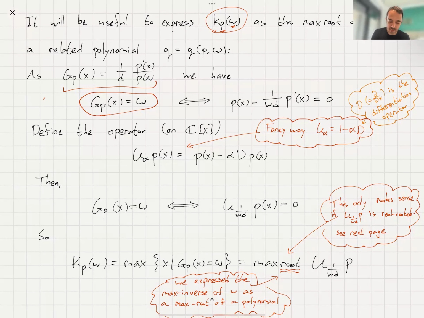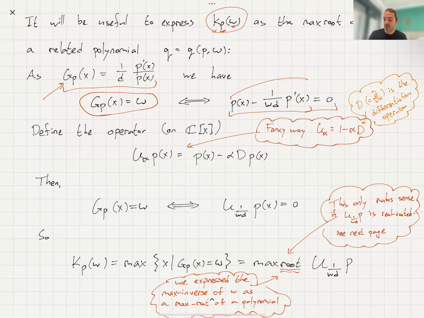Then because of this equation, moving things a little bit to the sides, you see that X solves that equation, it's an if and only if statement, this equality, but now you have a polynomial here. So if X solves that, and that's an if and only if, then it also holds that P of X minus this 1 over WD times the derivative at X is 0.